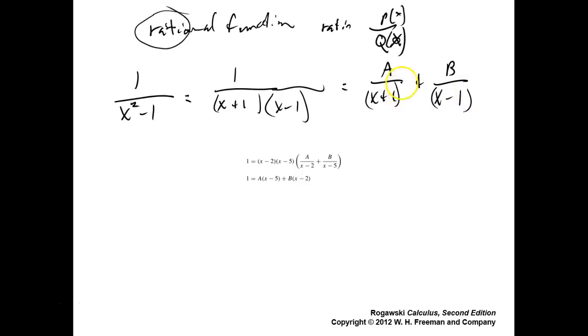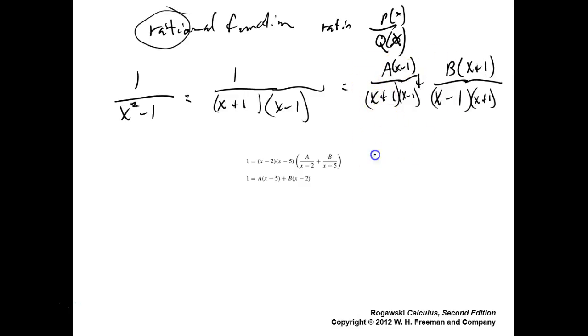So the first one you'd multiply by x minus 1, but if you multiply the denominator by that, you have to multiply the numerator by x minus 1. This one you multiply the denominator by x plus 1, but then you have to multiply the numerator by x plus 1.